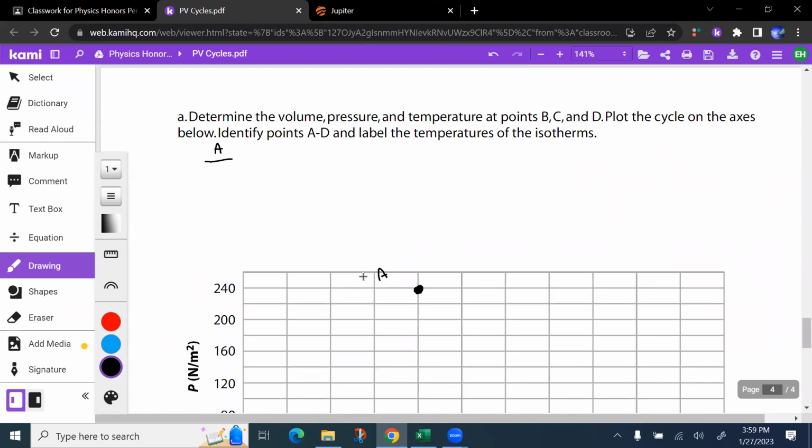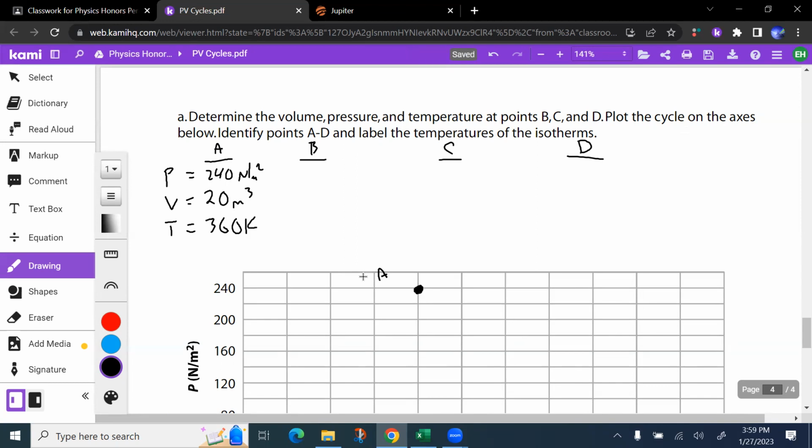So for A, we have a pressure, volume, and temperature, and then we'll do the same thing at B, C, and D. So initially, we have a pressure of 240, a volume of 20, and a temperature of 360 Kelvin.